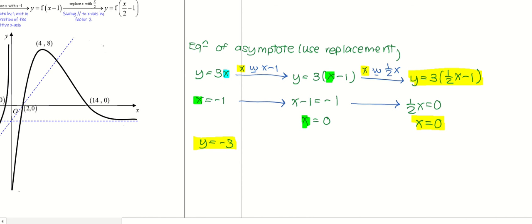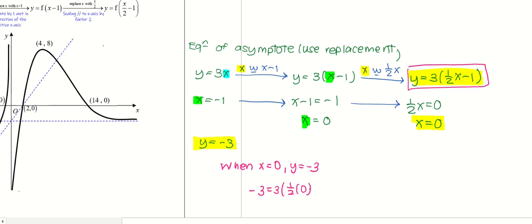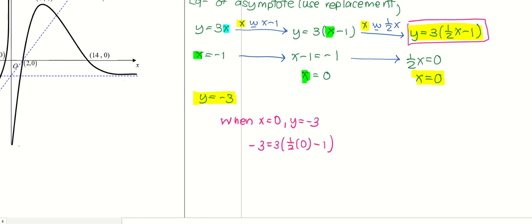We have x equals 0, y equals minus 3. Let's try to substitute into the equation highlighted in pink. When x equals 0, y equals minus 3, does it fulfill the equation? In this case, minus 3 equals minus 3. It does.